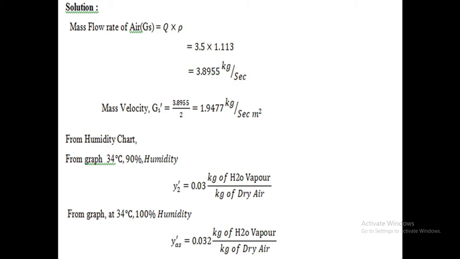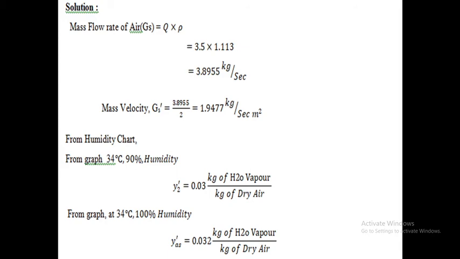Okay. From the humidity chart, I hope all of you know the humidity chart. From the graph, at 34 degrees Celsius and 90% humidity at the outlet condition, we find Y2'. Y2' is the absolute humidity, 0.03 kg of water vapor per kg of dry air.